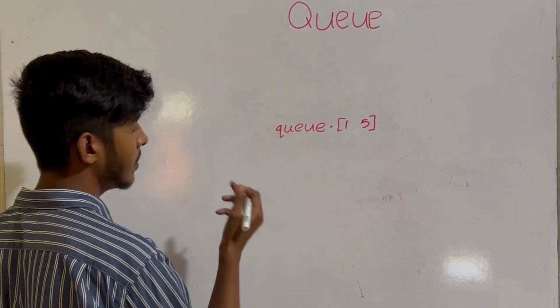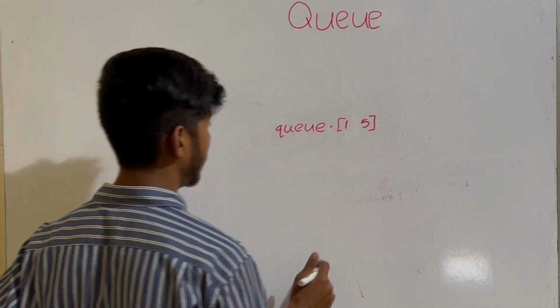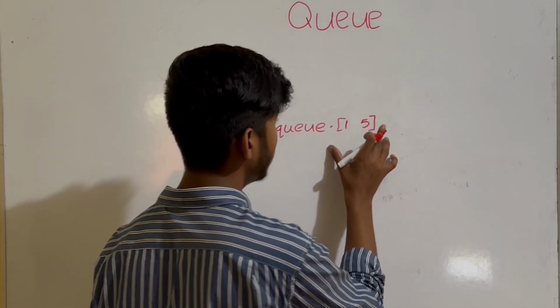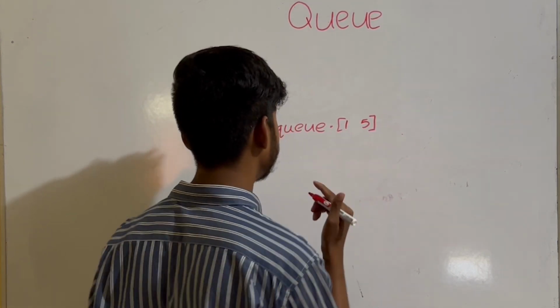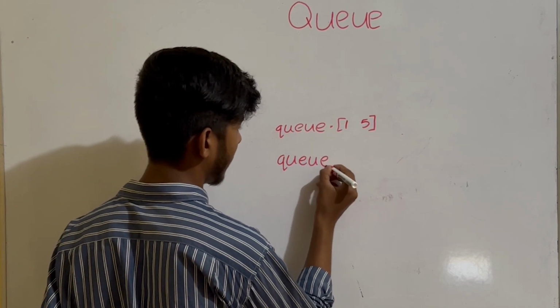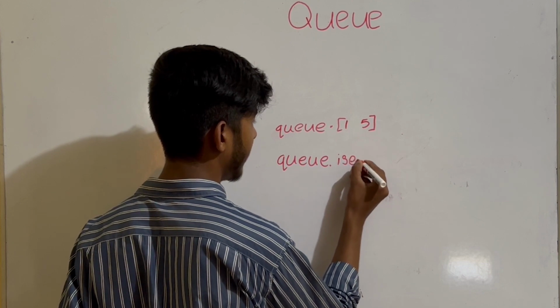Now talking about isEmpty, isFull, and delete queue. IsEmpty helps to check whether the queue is empty or not. Queue dot isEmpty.